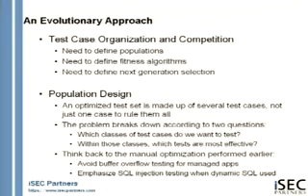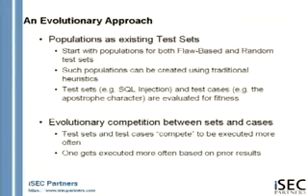The problem breaks down according to two questions. What class of test case do we want to test? And within those classes, which tests are most effective? So populations as test sets. We went over during the intro of this talk the various test sets that we often execute as security researchers and practitioners. We have the flaw-based and random test sets. Each one of those test sets or suites could be thought of as a population.